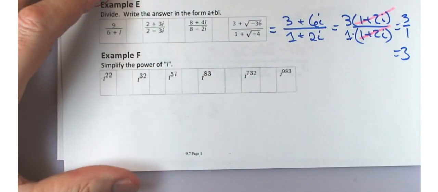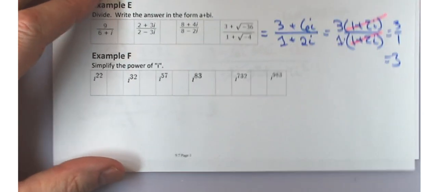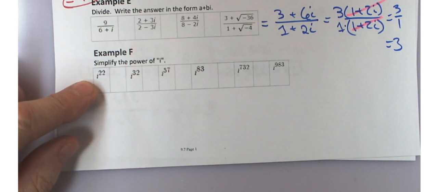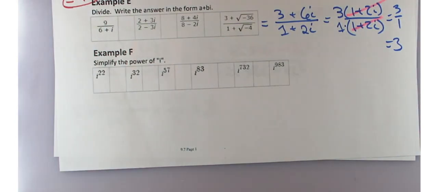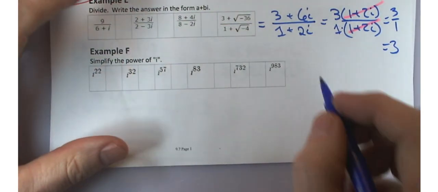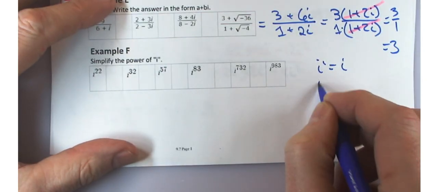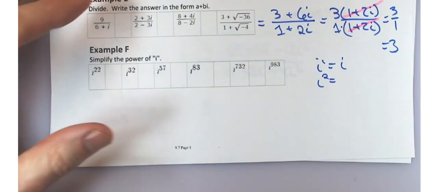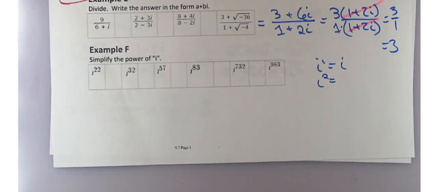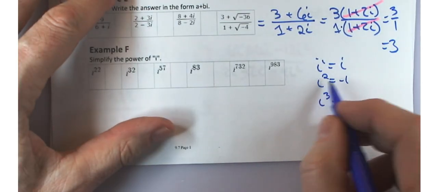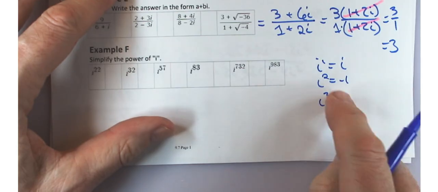Nice. Now there's actually 4 different things that can happen when you raise i to some power. Those 4 things are: i to the first power is i. What's i squared going to give you? -1. I cubed, well, that's just one more i here.